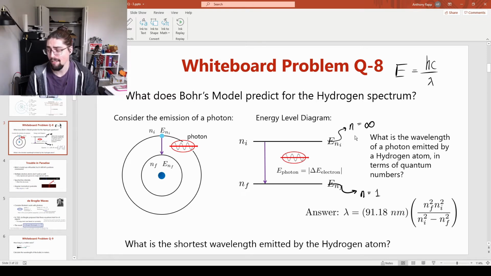If n initial is supposed to be infinity, and n final is supposed to be 1, infinity squared minus 1 is really not that much different than just infinity squared. So what we've got on top of that fraction is infinity squared times 1, and then we've got infinity squared minus 1. Infinity squared divided by infinity squared, as long as they're the same infinity, that's 1. The shortest wavelength that we can get is 91.18 nanometers.